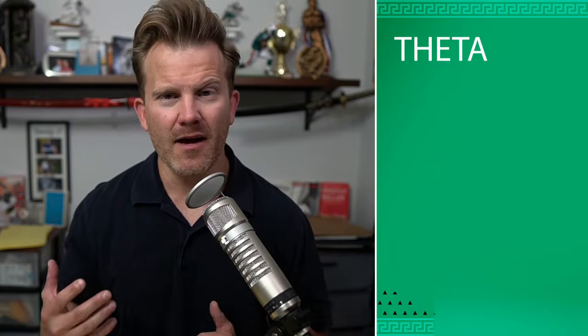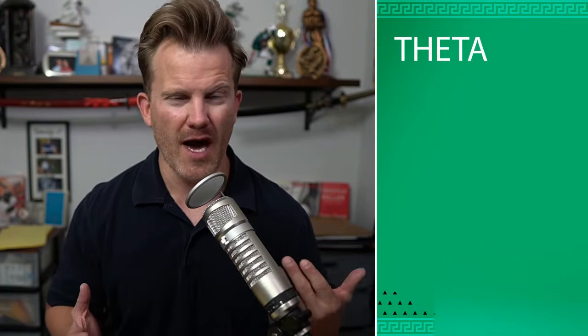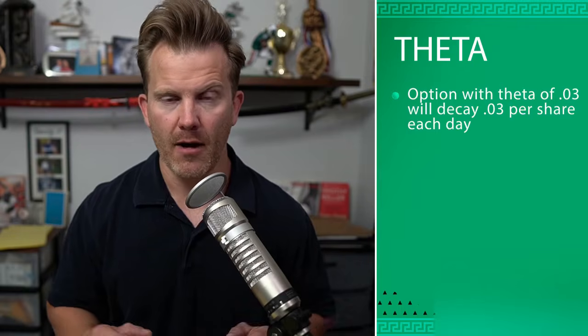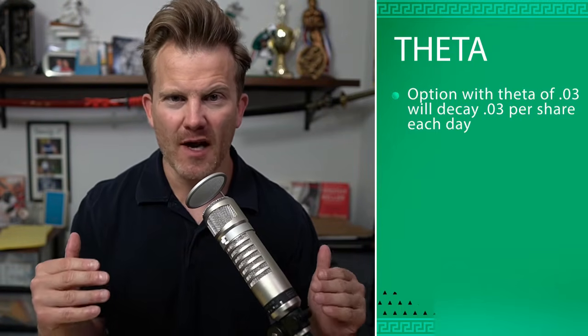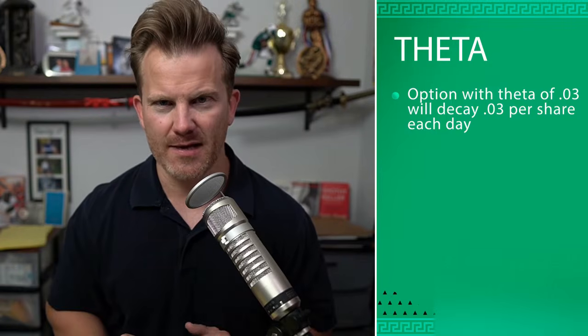All right, so now that we have the mathematical foundation in place, let's turn to the intuitive side of things. And the intuitive explanation of theta is actually pretty straightforward. Here's a couple of things that you want to understand. Number 1, theta is represented in actual dollars. So for example, if you had a theta of 0.03, that would mean that that option is going to decay by 3 cents per share with each passing day.